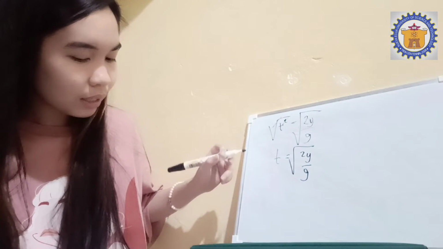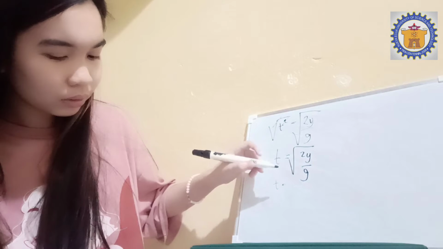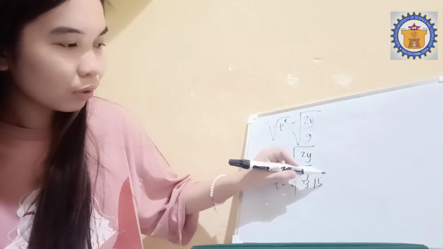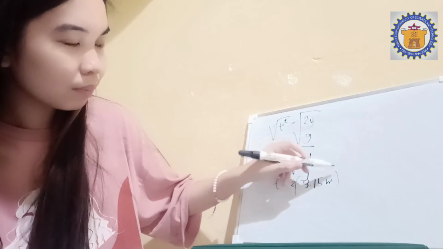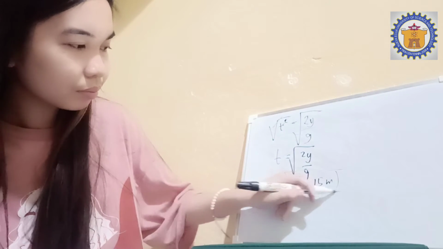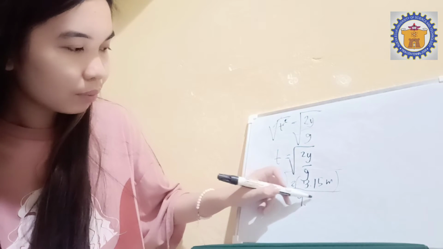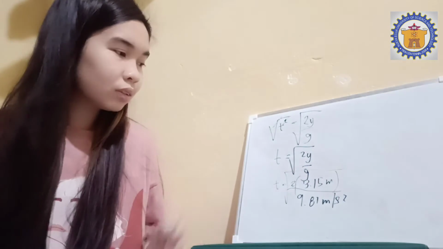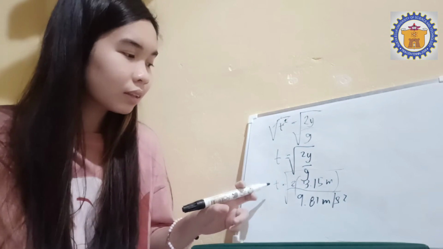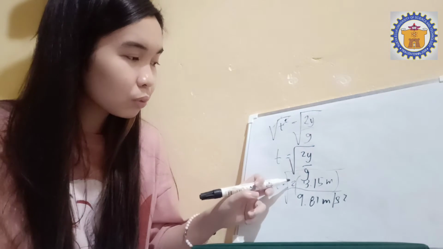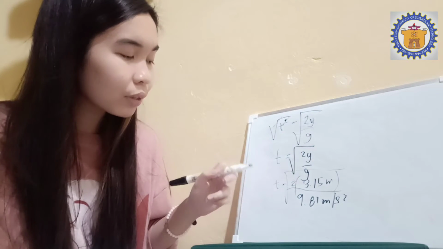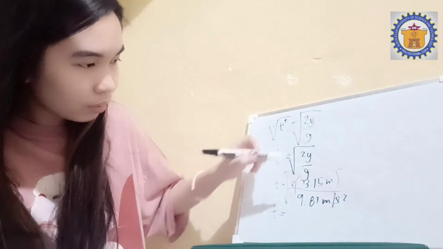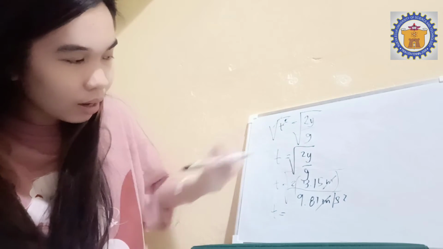So, substitute lang natin yung value. t is equals to square root of 2 times y, yung height na 3.15 meters, all over 9.81 meter per second squared na gravity. Pwede na natin i-cancel yung both m's.